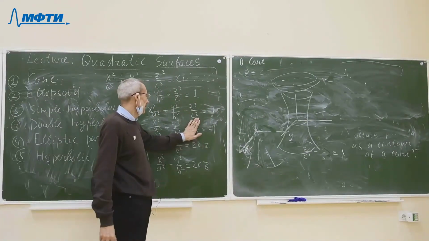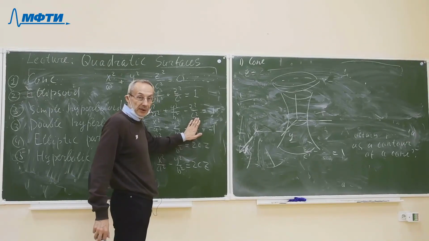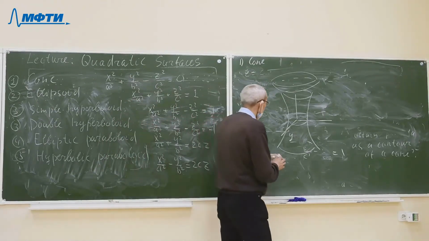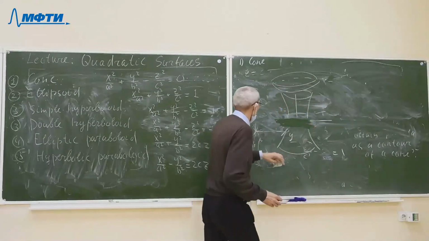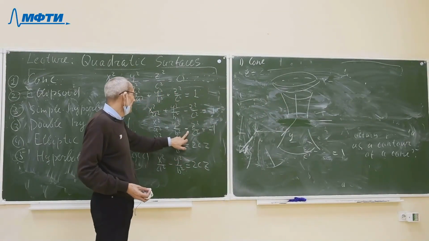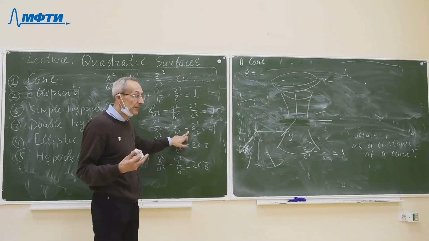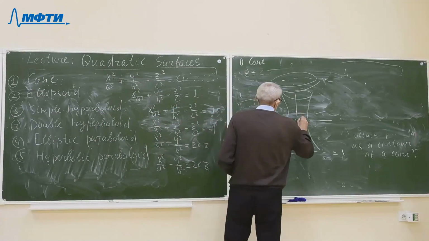And how does the form change? In the case when z is equal 0, we obtain the empty set. If z is equal c, we obtain a one-point set.